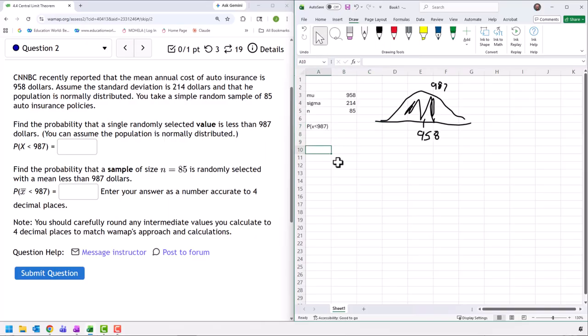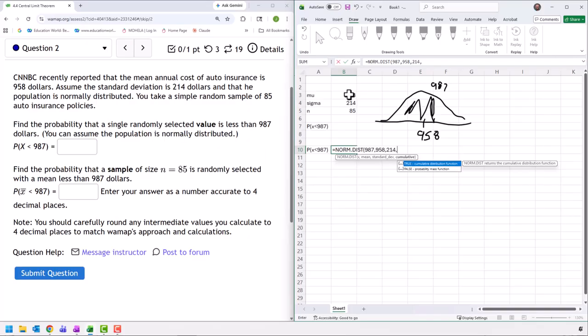Okay, so the probability. I'll do some work over here. But these are normally distributed, so I can use a normal distribution. Now, 987 is the value I'm interested in. I want the area to the left of it. So I'm going to grab the mean, 958, and the standard deviation, 214.